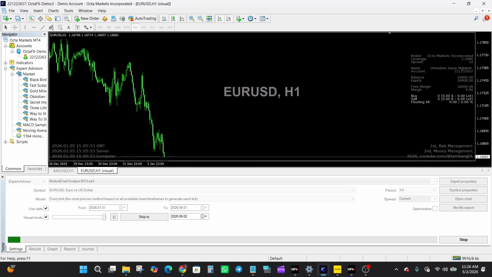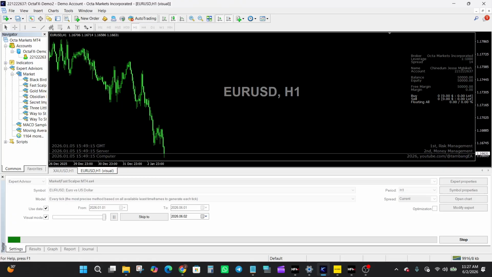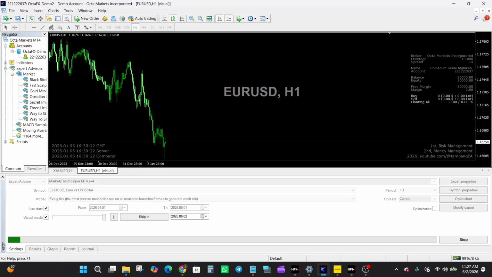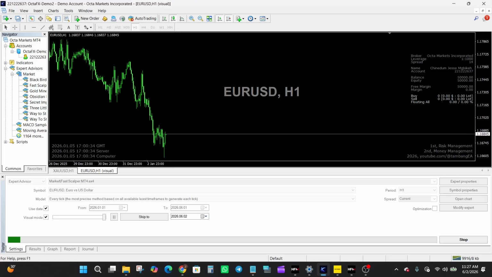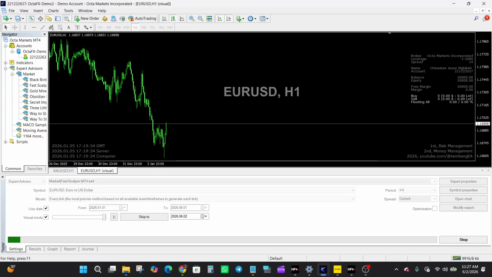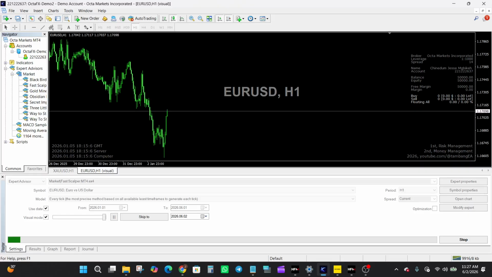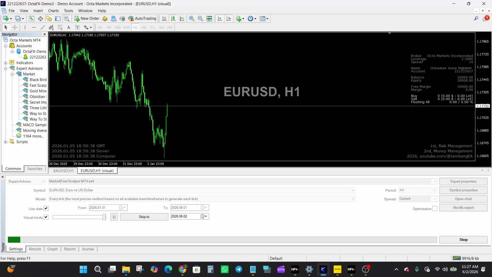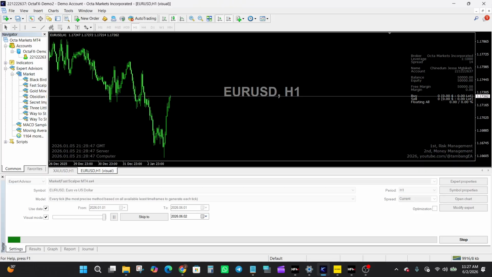However, without access to the EA's underlying proprietary logic, it is important not to make assumptions about the precise reasons behind individual entries or exits. Okay, what we can do is observe the overall historical behavior shown in the testing results and evaluate how the system performed throughout the tested period.